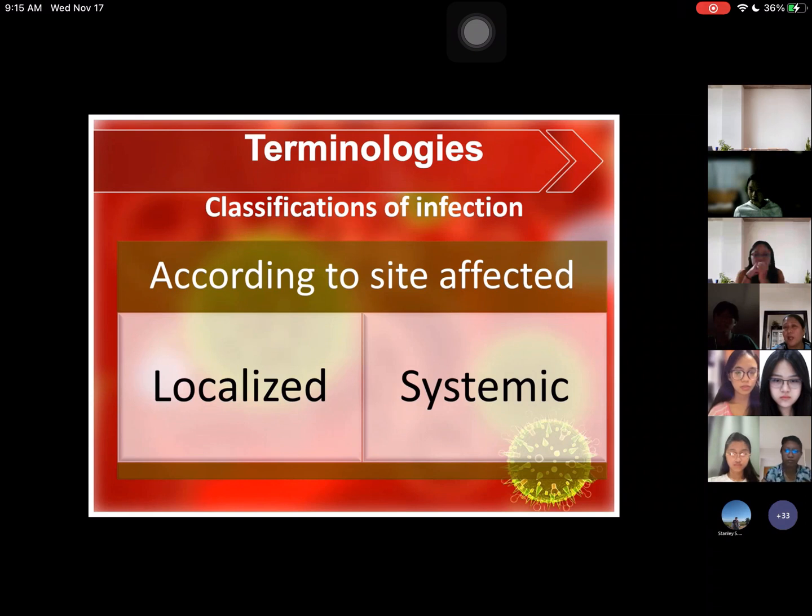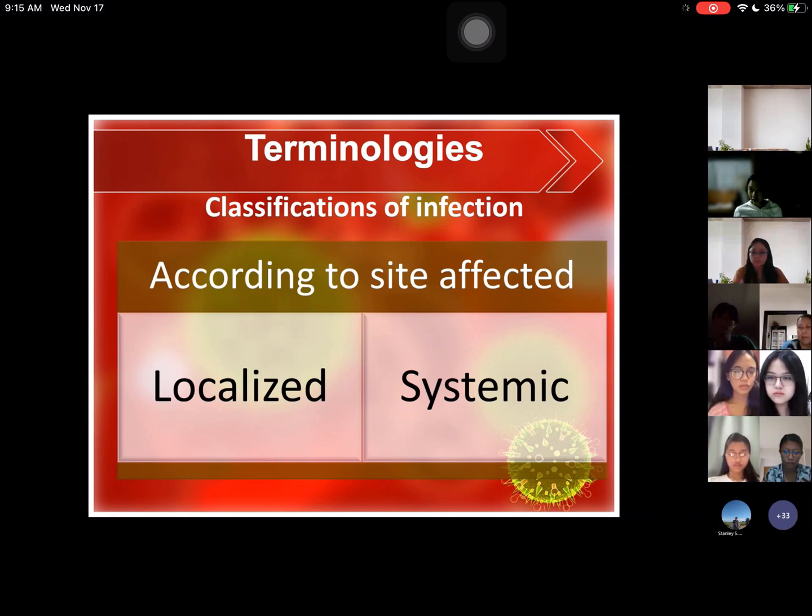Like for example, sepsis or miliary TB. The miliary TB or miliary tuberculosis is a type of tuberculosis that actually affects the different areas of our system.